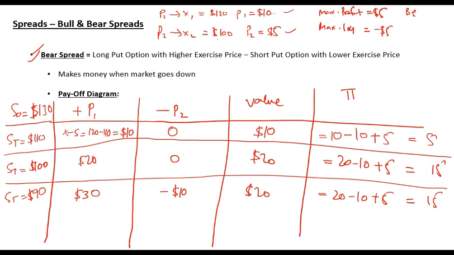What is the break even price? When you started the portfolio, or when you bought or sold these put options, you were at a loss of $5. Now in order for you to break even, you should have a benefit of $5. And when will you have a benefit of $5? You will have a benefit of $5 if price falls below $120.